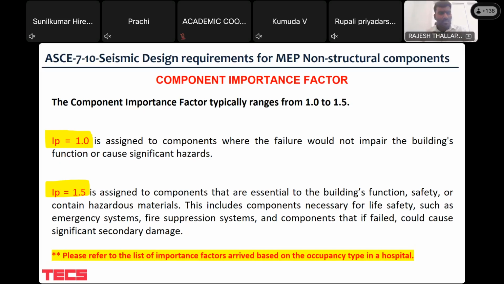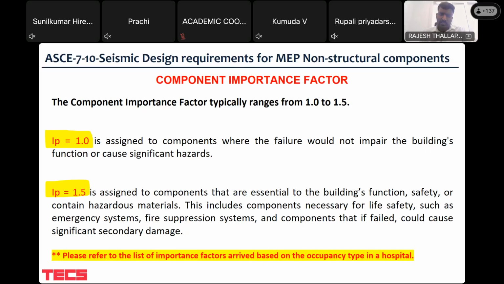It doesn't need to be seismically designed, as the whole structure is already designed. So these components can be exempted, right? But if a similar system comes in a room which has a 1.5 importance factor, you must restrain it, or you must provide an element which is seismically restrained. So hope this is clear.